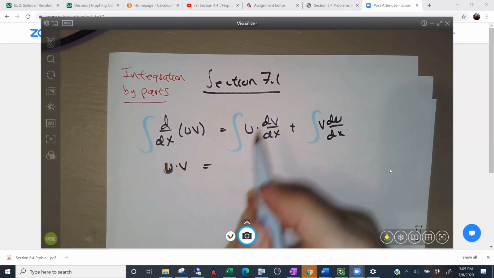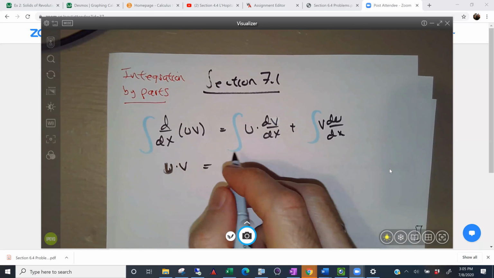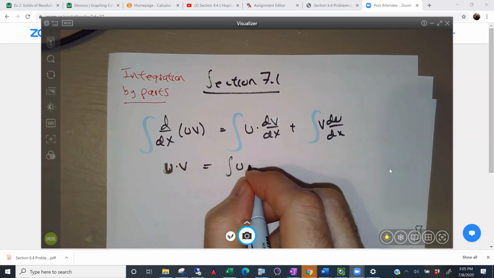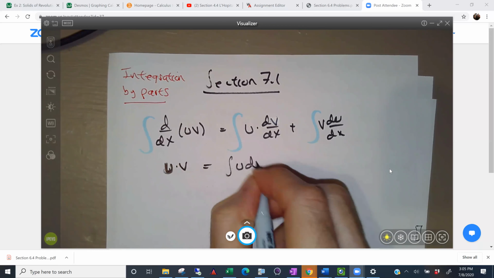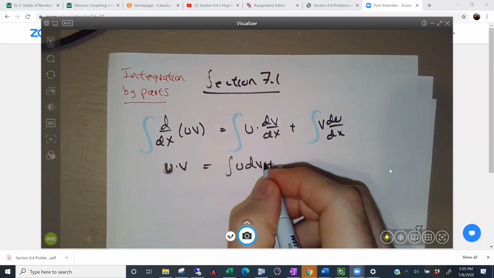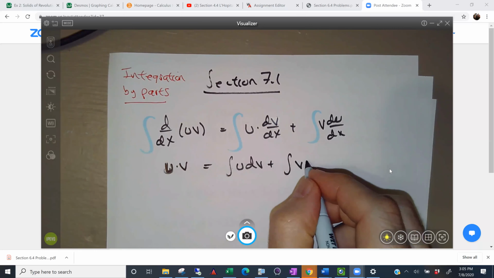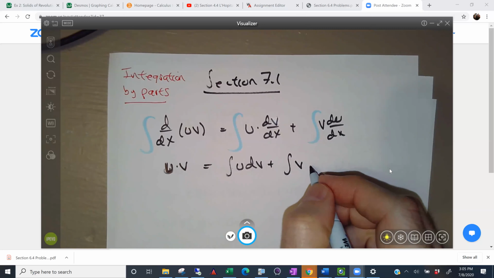And I'll just leave this kind of like it is, except I'm going to rewrite it a little bit. I'll rewrite it as u times dv plus the integral of v times du.